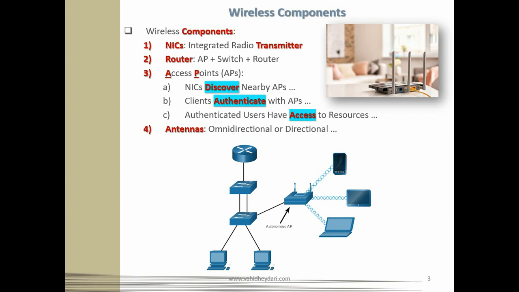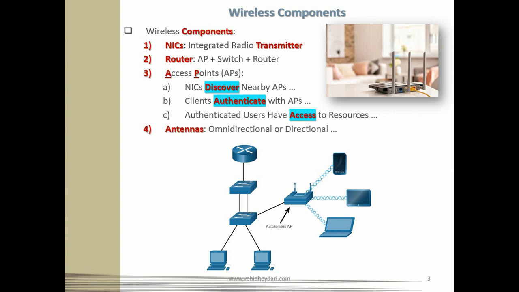The first stage is that wireless clients use a wireless network interface card in order to discover nearby APs. Secondly, those wireless clients attempt to authenticate with that AP and later to associate with that AP. Thirdly, after being authenticated, if the association is successful, it is established, and wireless users have access to the network resources.